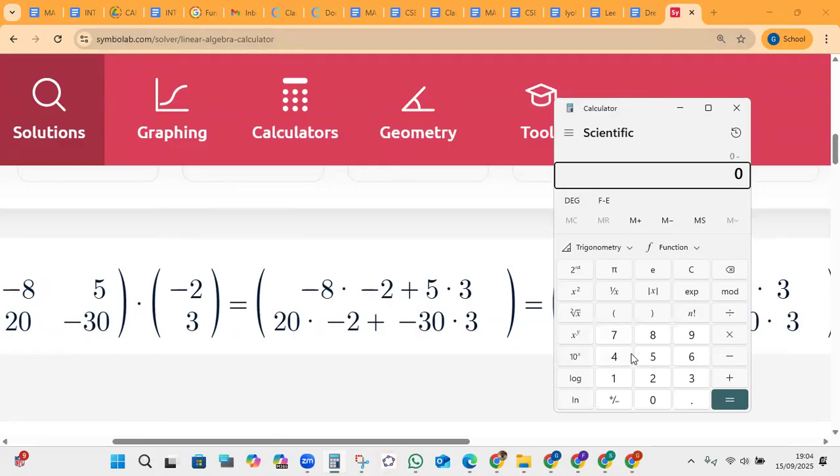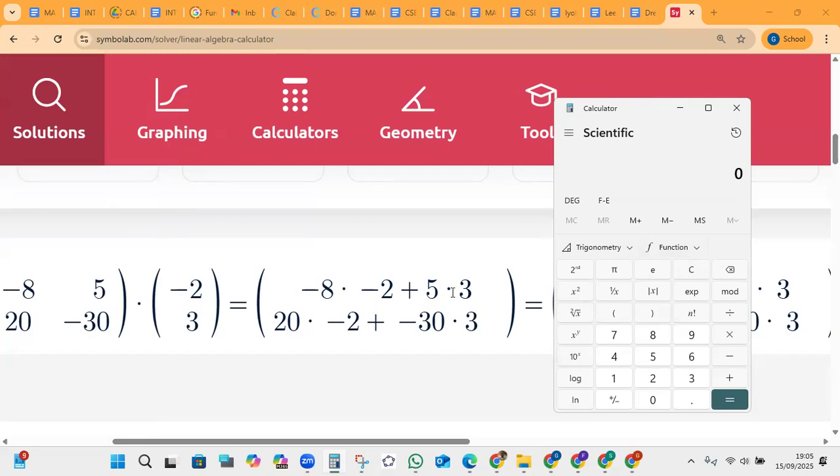Negative 8 times negative 2 plus... that's negative 16. That's positive 16, sorry, a negative times a negative is a positive.